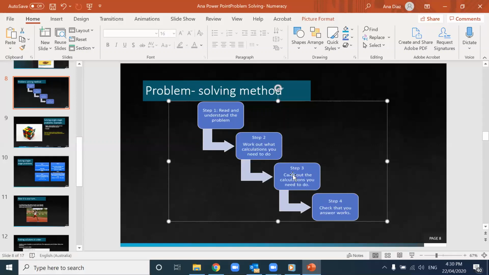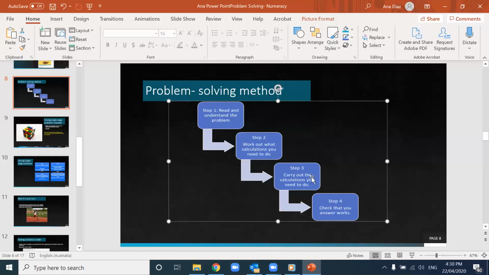Okay? So if you go to the next step, step 3, you need to carry out the calculations. Yes? So you have to find the easiest way to do this. Yeah? Okay, so that would be 2,000 divided by 400 equals 5. That's right.